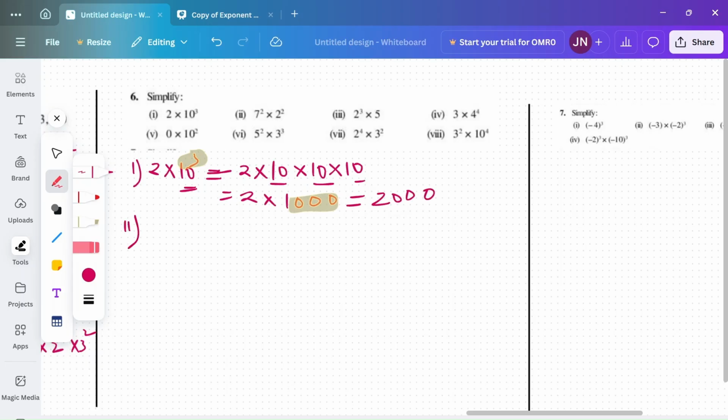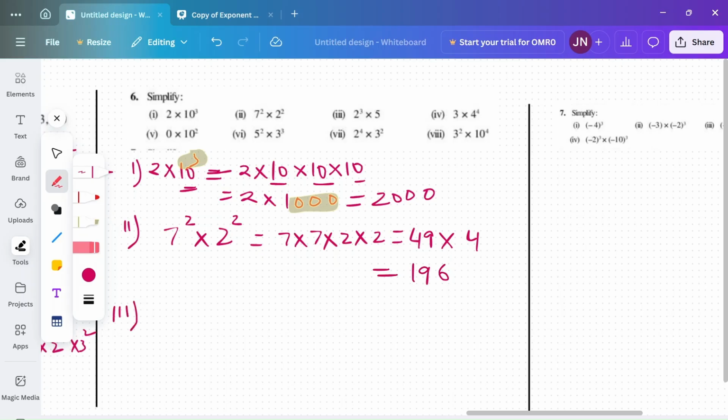Now second, this is like this, so again expand them. Okay, so you can calculate them separately. Third is 2 raised to the power 3 times 5.